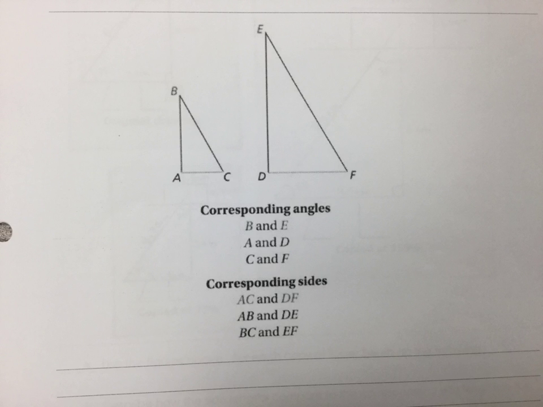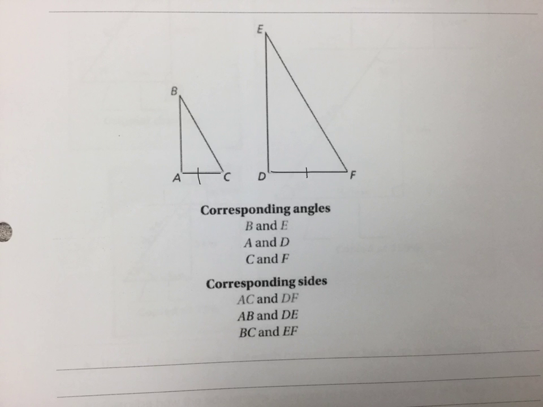So to start, we're going to talk about corresponding sides and corresponding angles. When two shapes have corresponding sides, such as side A to C right here, and side D to F right here, you notice that this side and this side are on the same side of the triangle. They both come off of what appears to be a 90-degree angle.